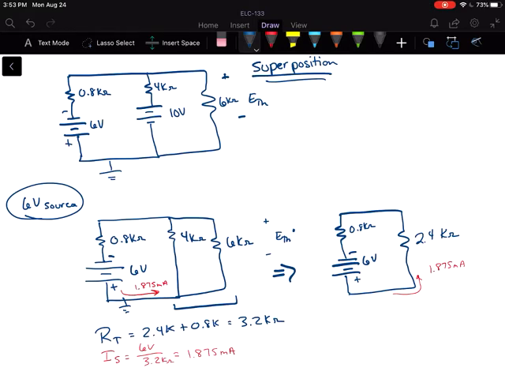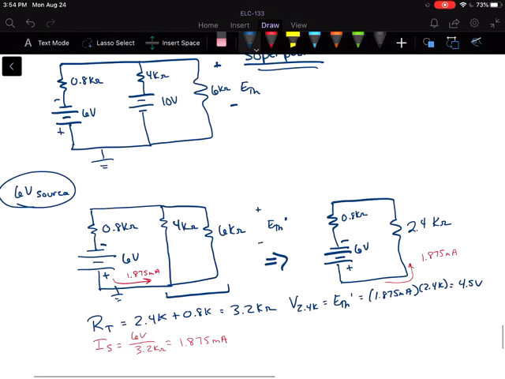Okay, so the voltage drop across the 2.4K, which happens to be E Thevenin prime, is that 1.875 milliamps times 2.4K. And that is 4.5 volts in that upward direction.